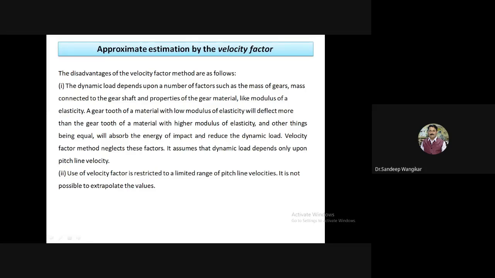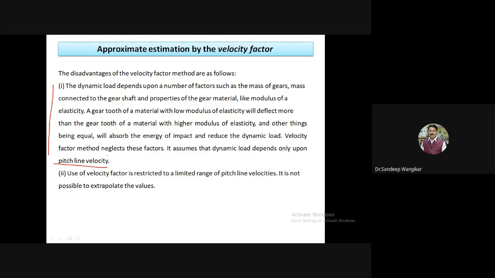Due to modulus of elasticity, the deflection of one material is more compared to another, and it also affects absorption of shock and energy, resulting in a reduction in dynamic load. All these factors are not considered; it is assumed to be based only on pitch line velocity. This is one of the drawbacks of approximate estimation in the preliminary stages of gear design.